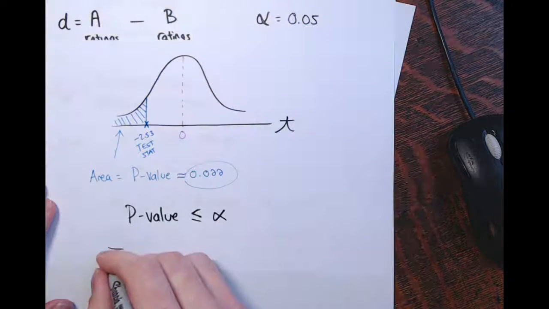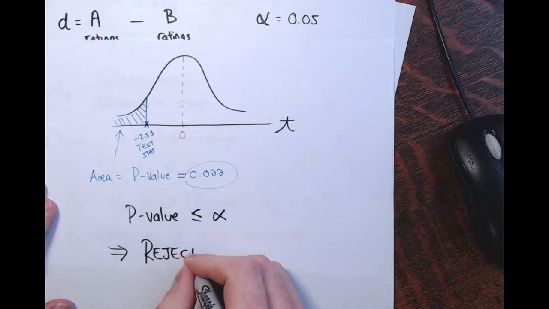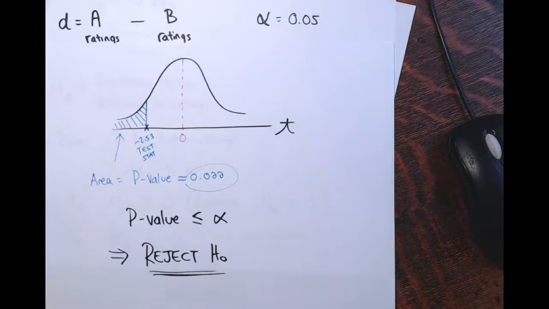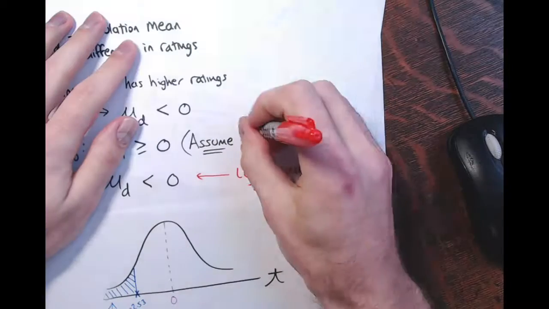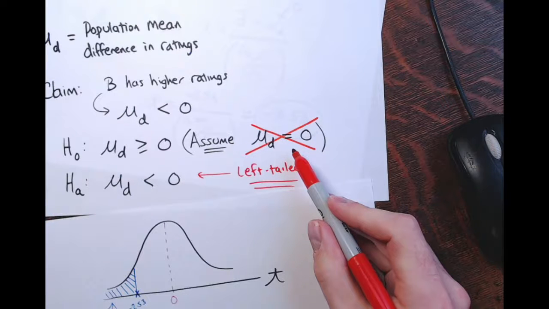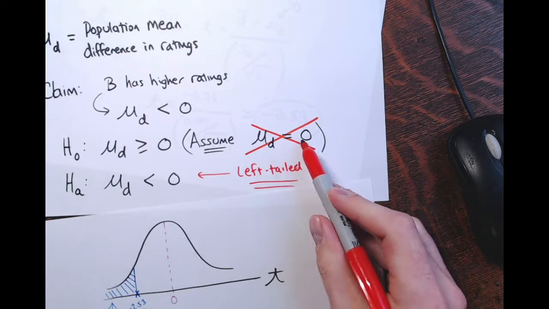And if that is the case, you are going to then reject the null hypothesis. And if you look at the hypotheses, going back to this page, we are rejecting this statement. We're rejecting the null hypothesis that mu d was equal to 0, that there is no difference between the ratings.